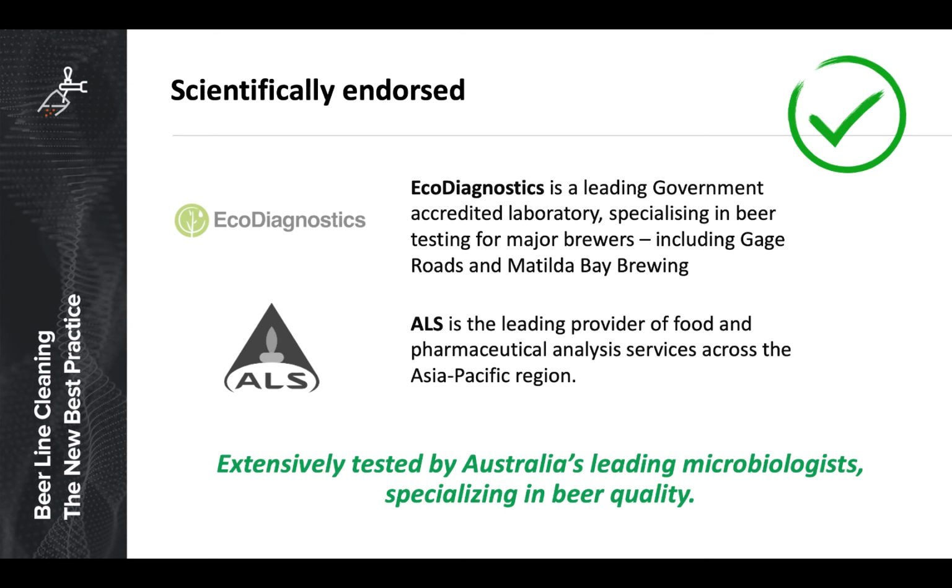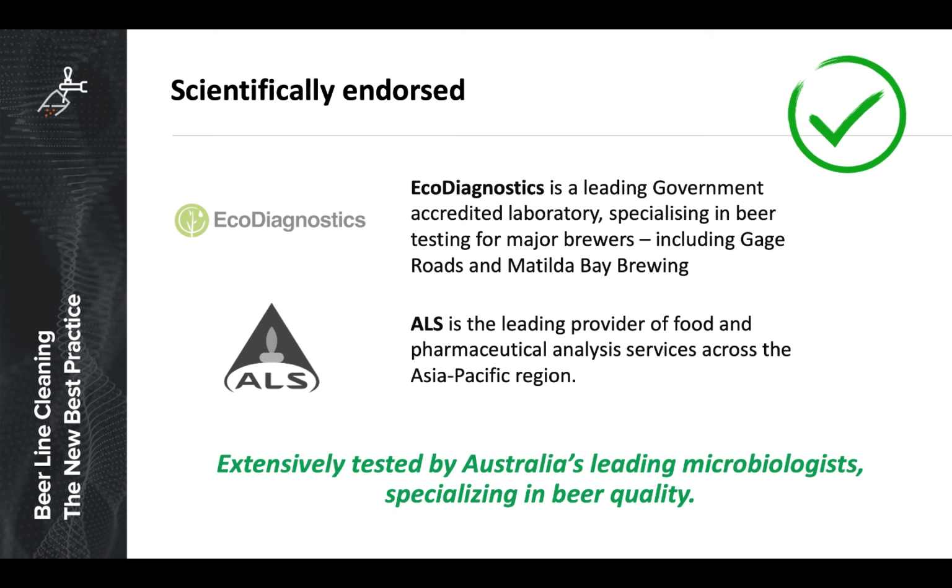To ensure that CellarControl is helping you serve the absolute best beer possible, the CellarControl team has undertaken extensive testing over many years, including dozens of on-site tests with Australia's leading food and beverage laboratories. Firstly, Eco Diagnostics is a leading government-accredited laboratory specialising in beer testing for major brewers.